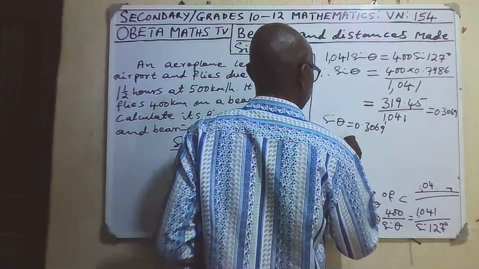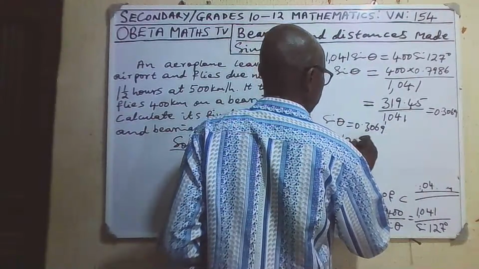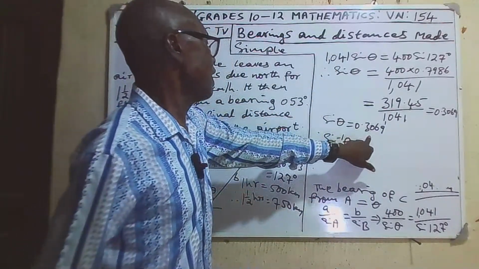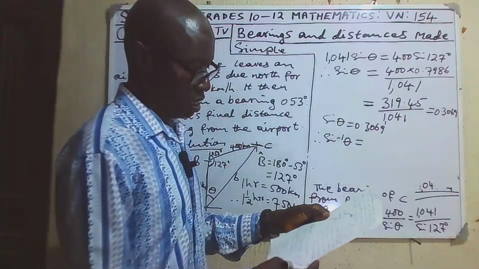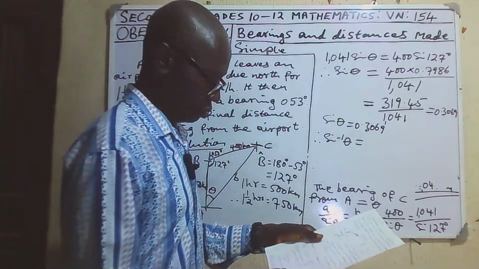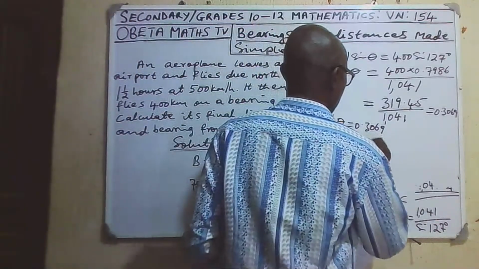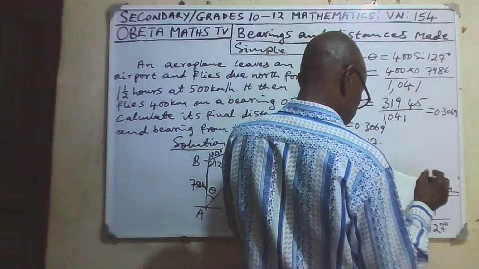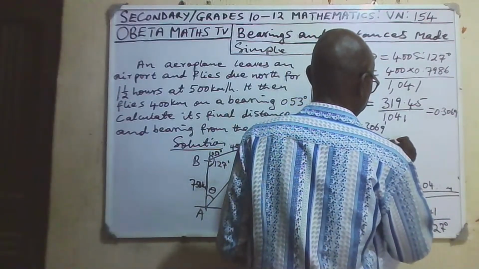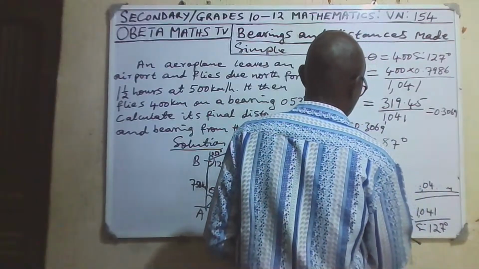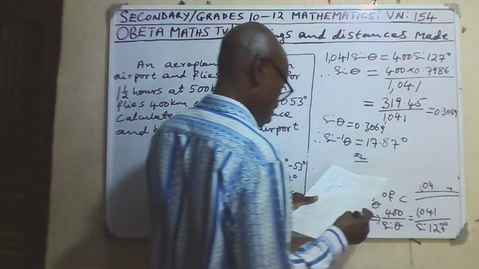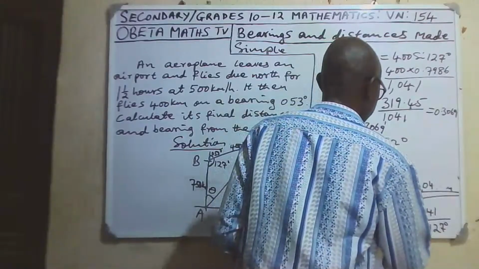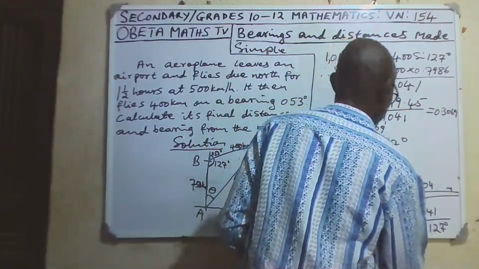Therefore, theta is equal to sine inverse of this, you check the particular angle, and that will give us 17.87 degrees, approximately equal to 17.9 degrees.